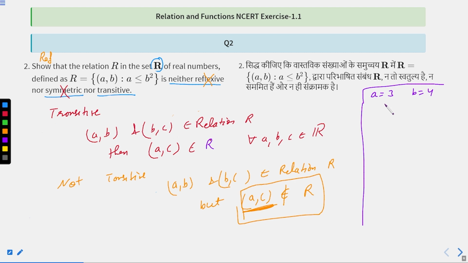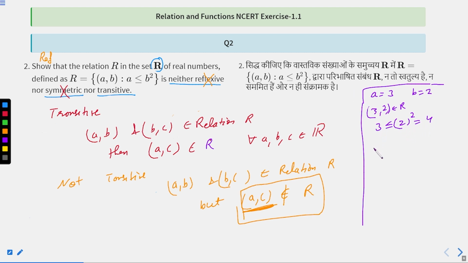Does AB belong to R? Yes, 3 comma 2 belongs to R because 3 is less than or equal to 2 square, which is 4. Is it true? Yes, indeed it is true.